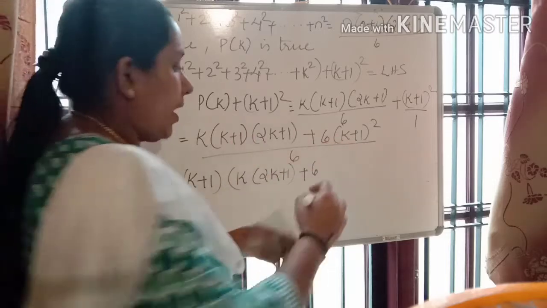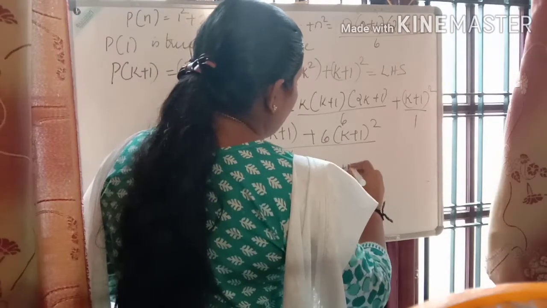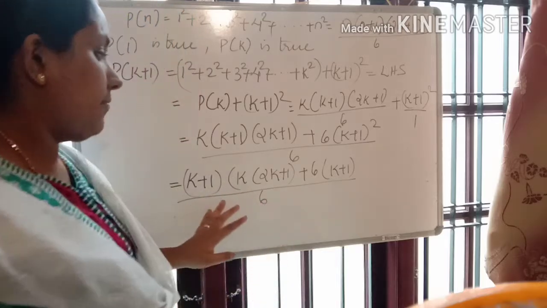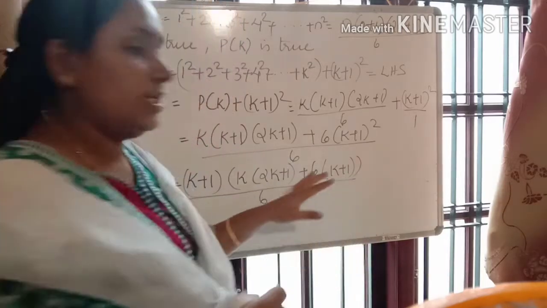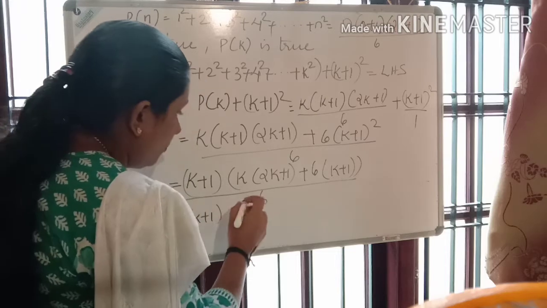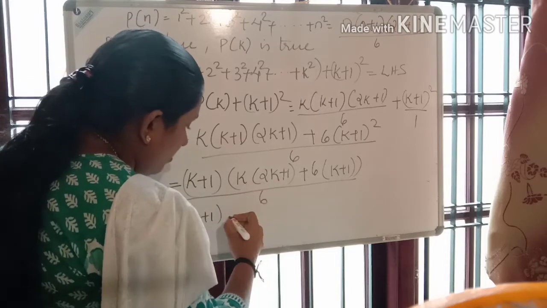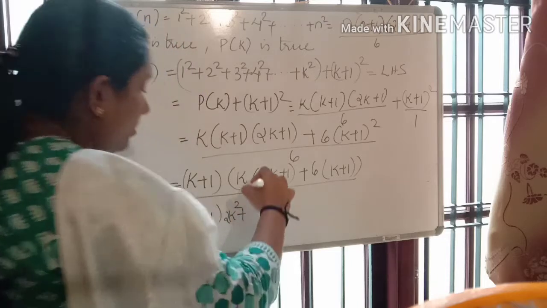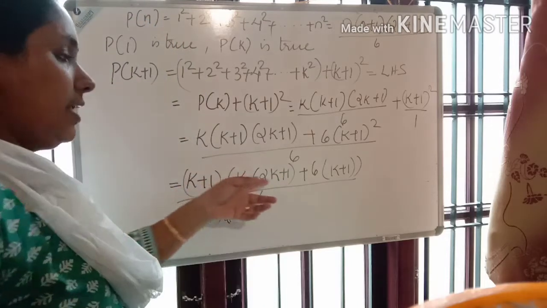Here remaining 1, K plus 1, just write here and divide by 6. Next we are going to solve this equation like K plus 1 into, next just multiply this K on the inside.